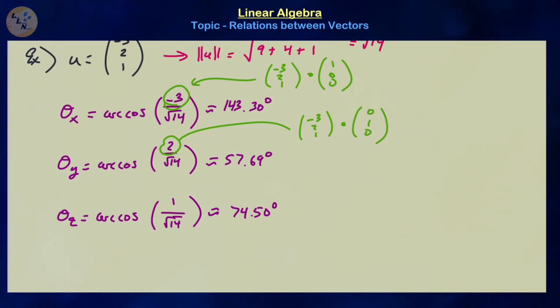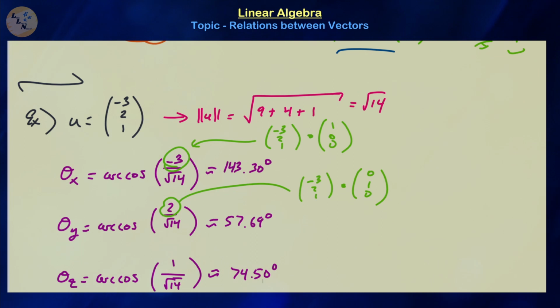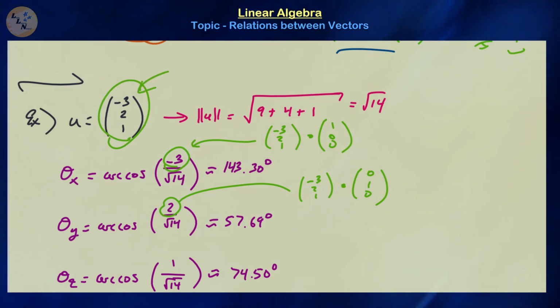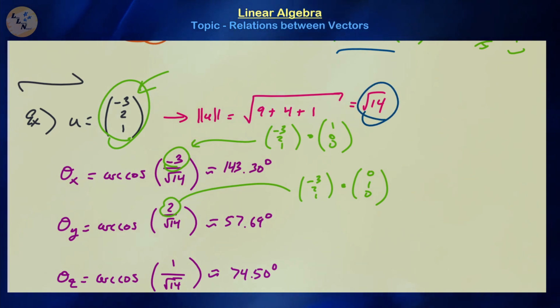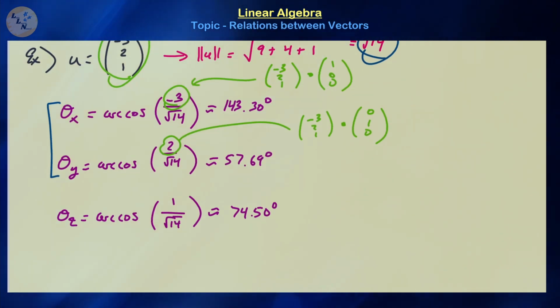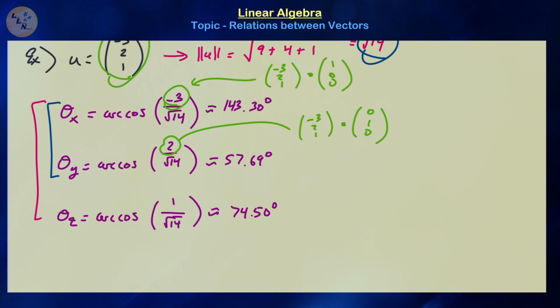So keep in mind, if you want to represent a vector u with respect to its angles and magnitude, since we're working in 3 dimensions, you can either give the 3 components, which defines the vector, or you can represent this vector in other coordinate systems with respect to its magnitude and any 2 of its angles, or you can represent it with respect to all 3 of the angles, theta x, y, and z. As long as you have 3 pieces of information to represent this 3-dimensional vector, all is going to be well. But this is how you calculate the directions of vectors in 3 or more dimensions.